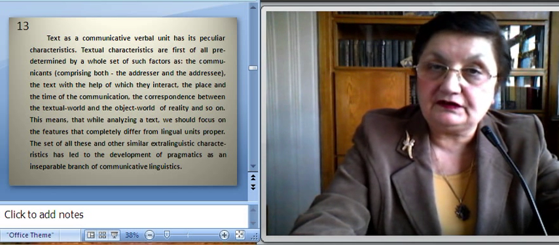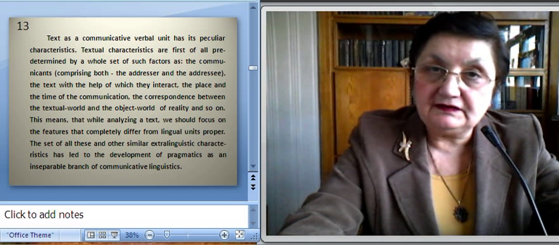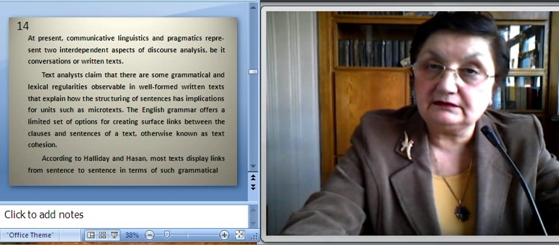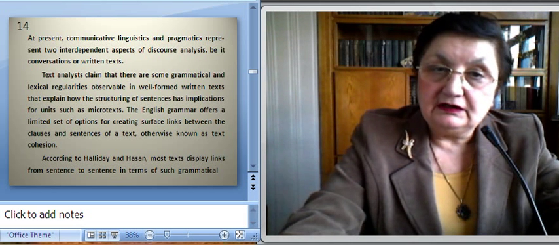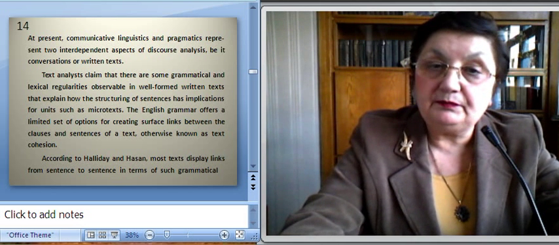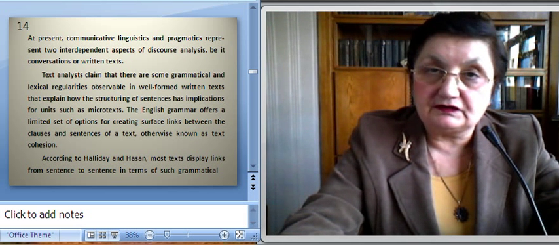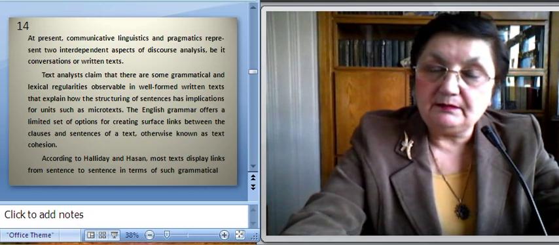At present, communicative linguistics and pragmatics represent two interdependent aspects of discourse analysis, be it conversations or written texts. Text analysts claim that there are some grammatical and lexical regularities observable in well-formed written texts that explain how the structuring of sentences has implications for units such as microtexts.